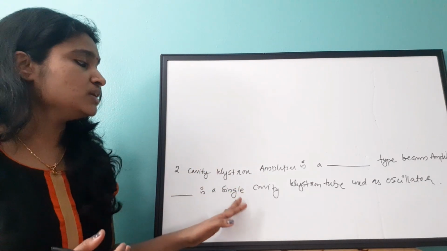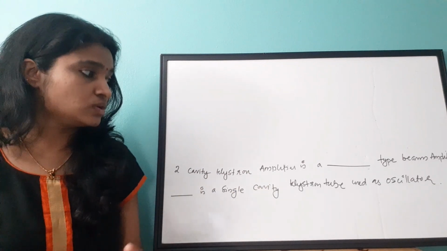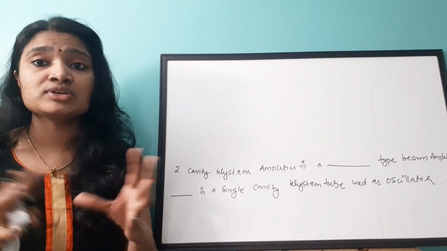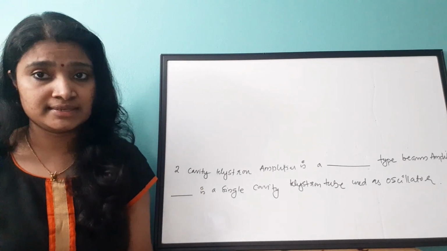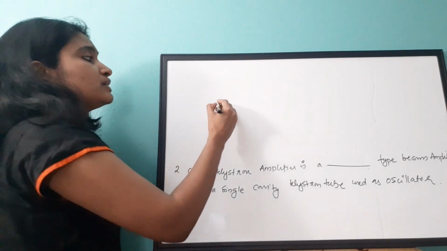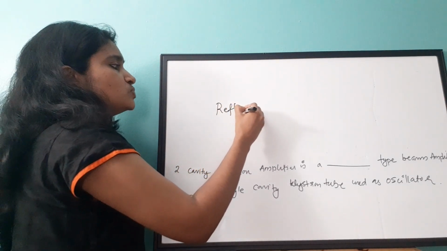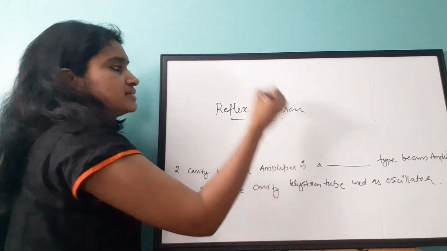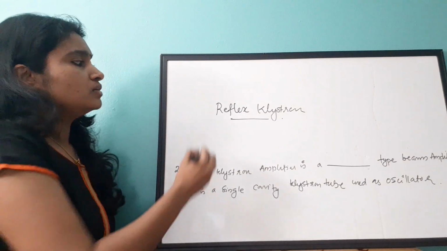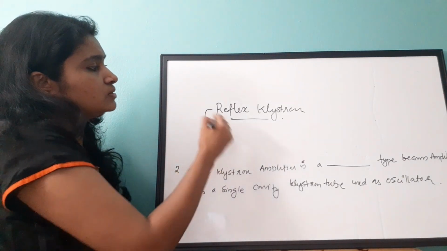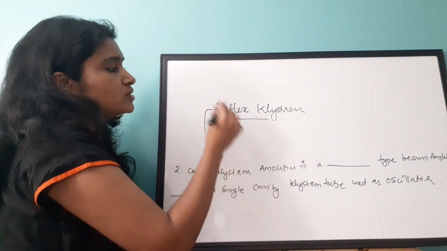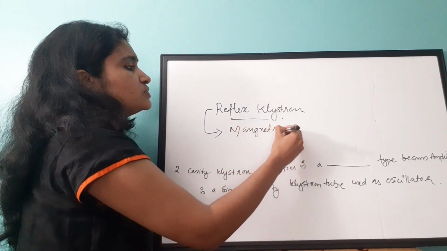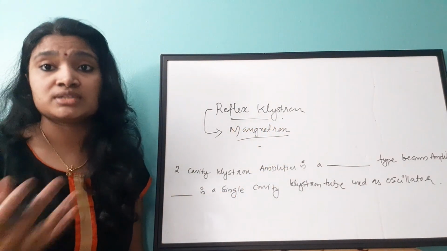But if we are using only a single cavity klystron which can be used as an oscillator, it is called a reflex klystron. So you should know that the reflex klystron is an oscillator. Okay, next one. Another example of this oscillator type is magnetron. Magnetron is also an oscillator.